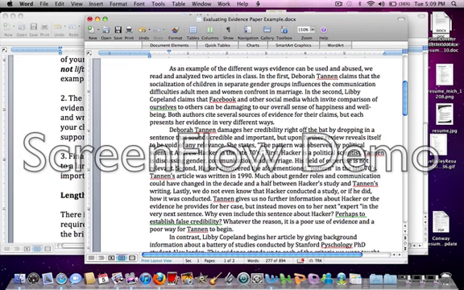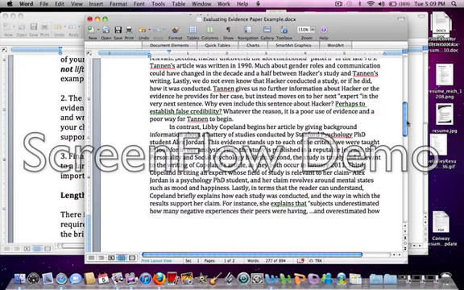Why even include this sentence about Hacker? Perhaps to establish false credibility? Whatever the reason, it is a poor use of evidence and a poor way for Tannen to begin. In contrast, Libby Copeland begins her article by giving background information about a battery of studies conducted by Stanford psychology PhD student Alex Jordan.